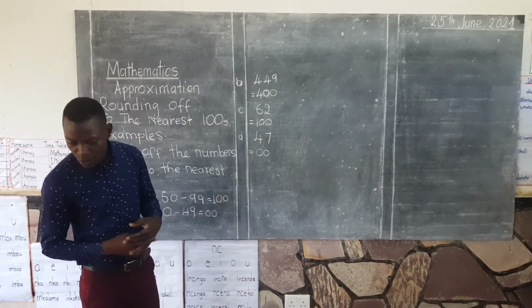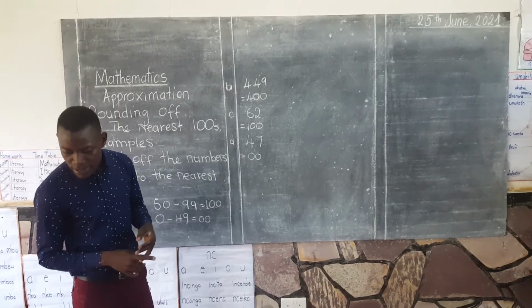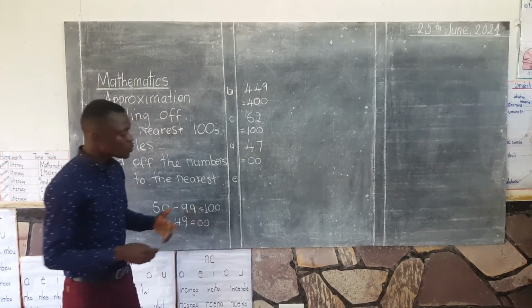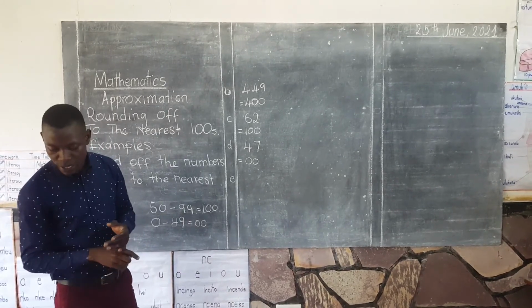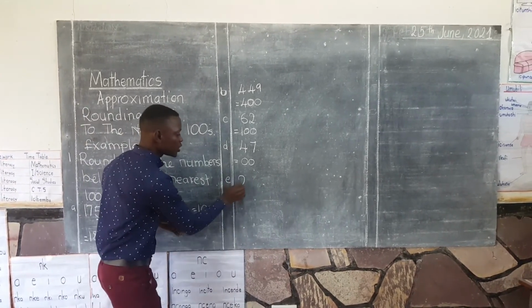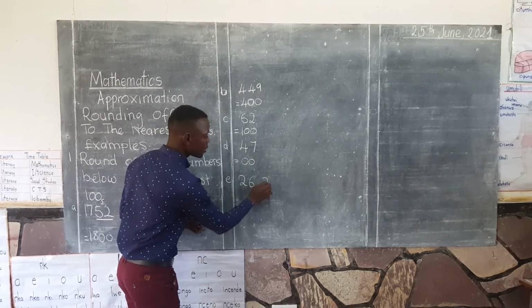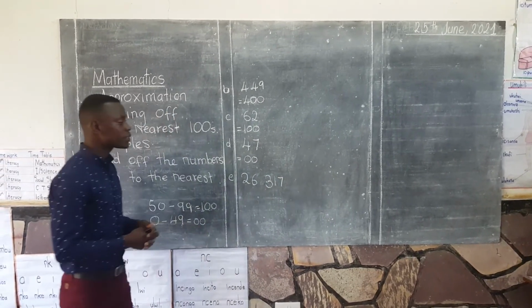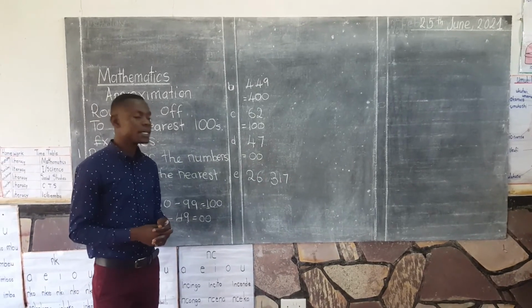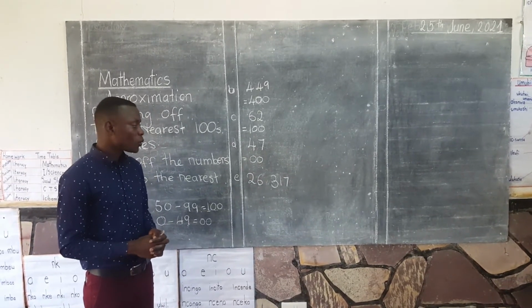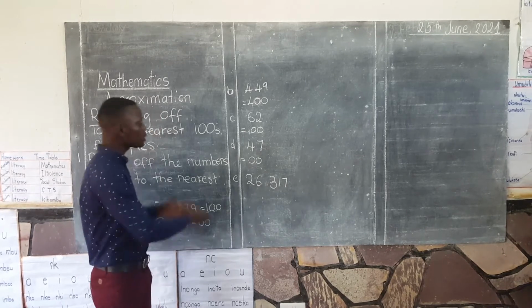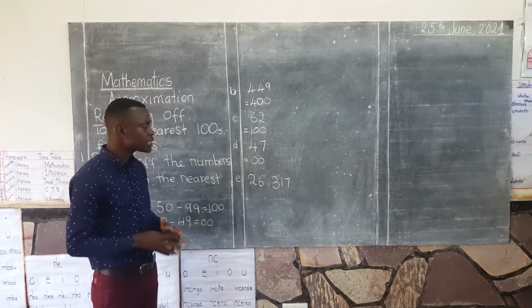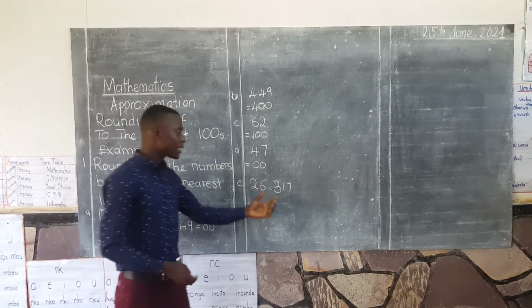Okay, let me now look at the last example, so that even when we come to answer the exercise, it will be easy for us. We have 26,317. So, who can try, based on the principles that I was explaining, to say, sir, yes, I've understood, I can answer that one?